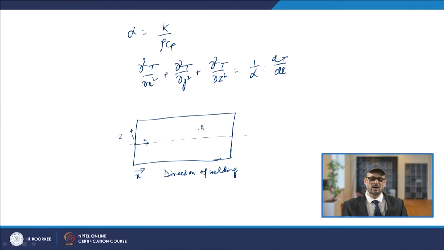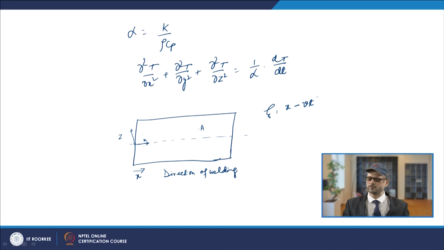So, along the x direction, you will have another parameter coming in place of x. In that coordinate system, suppose v is the velocity of welding, then we take zeta, and zeta is taken as x minus vt.